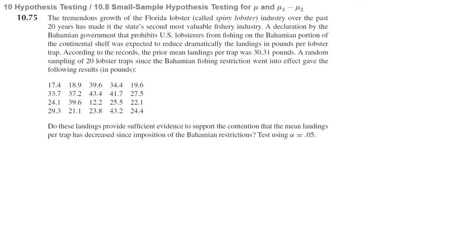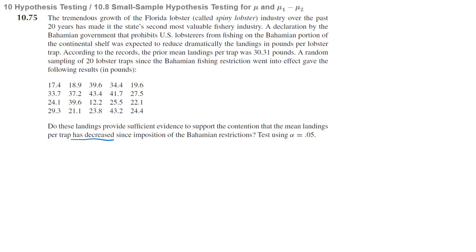Do these landings provide sufficient evidence to support the contention that the mean landings per trap has decreased since imposition of the Bahamian restrictions? So we want to test whether the production has decreased or not.